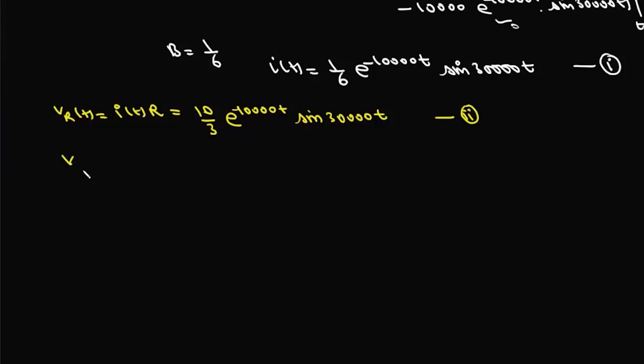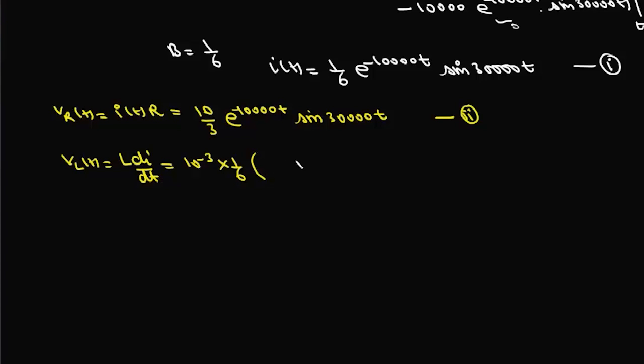Now voltage across inductor will be L di by dt. Now L is 10 to the power minus 3 and this is 1 by 6.